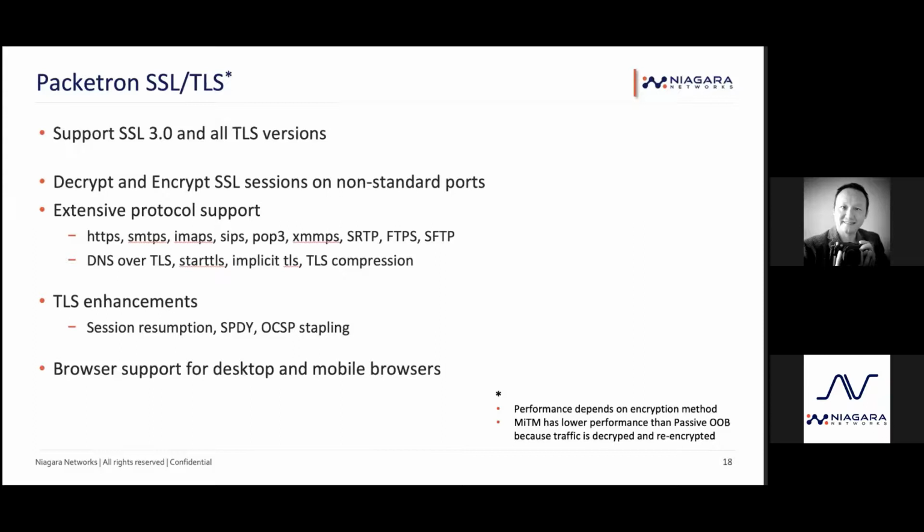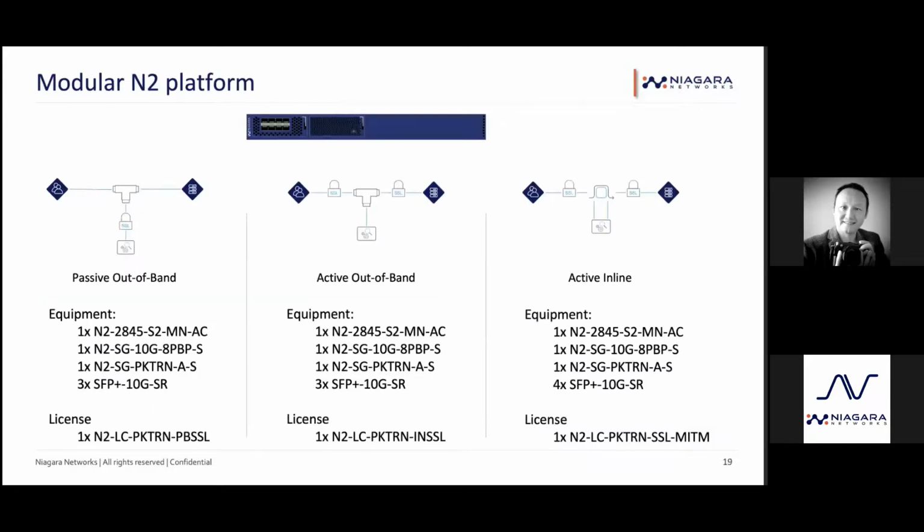Now, to come back to the hardware deployment itself, as I mentioned, I used the N2 platform, and just to show you what is required to do an SSL implementation on the packet broker, the smallest deployment in this case for the mobile browser, the N2 series, would be an 8-port module, a Packetron, and obviously the chassis.